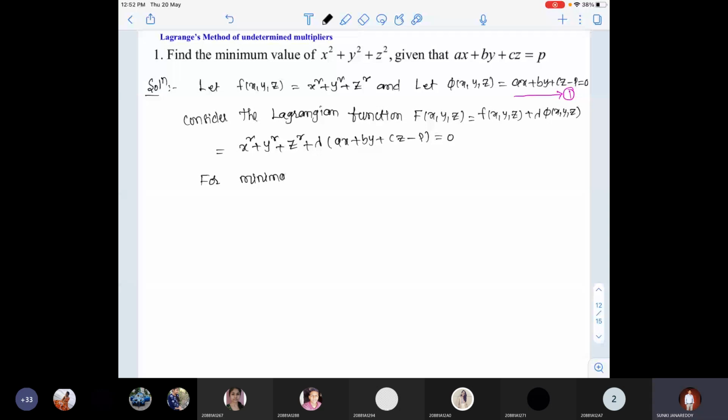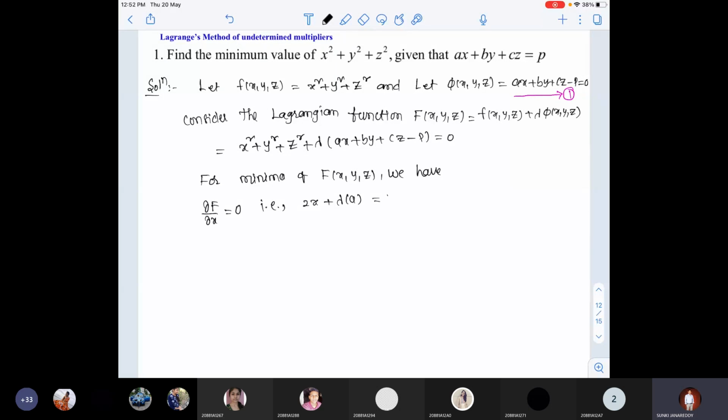For minima of capital F of x comma y comma z, we have dou f by dou x equal to 0 first. Dou f by dou x equal to 0 means 2x plus lambda into a, that one is equal to 0.